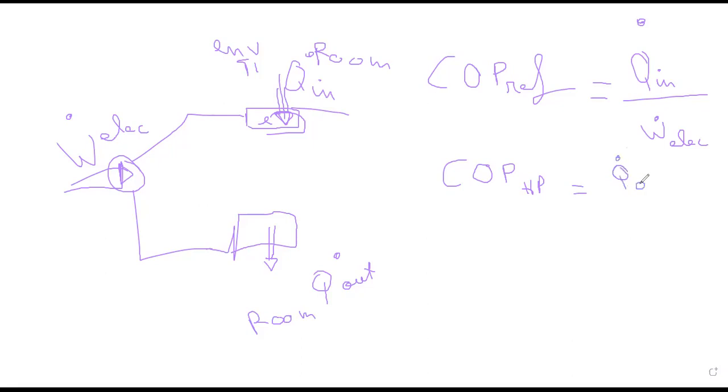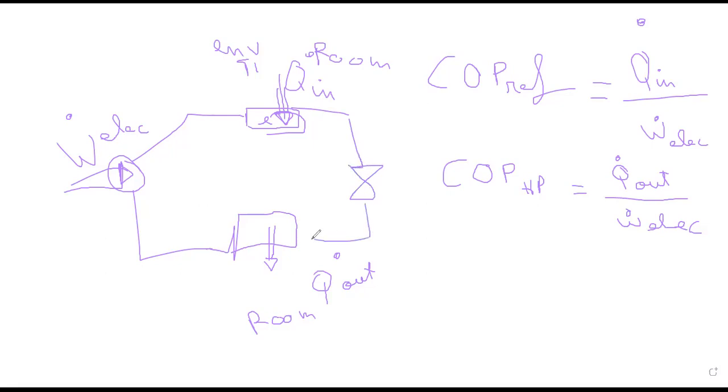Now, if I want to relate COP refrigeration to COP heat pump, what should I do? I can study the overall balance of heat and work for my cycle. For my whole cycle, we said that for the expansion valve, we can neglect W dot.